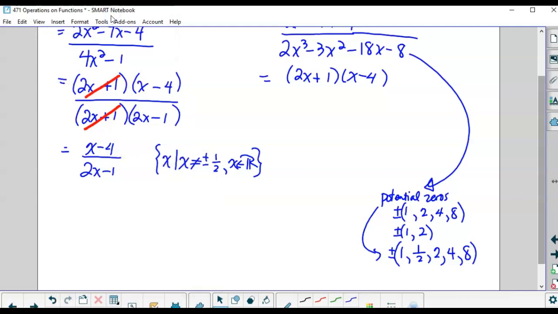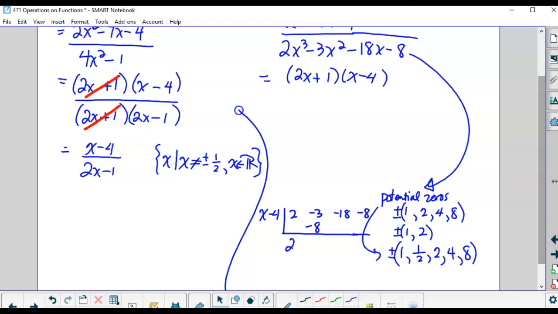Okay, so we're going to factor or divide out using synthetic division. So 2, negative 3, negative 18, negative 8. Okay, so that's going to be x minus 4, 2x squared plus 5x plus 2, which can factor again.